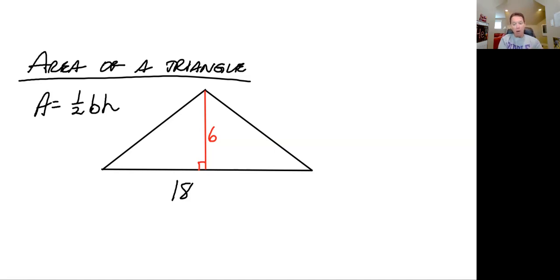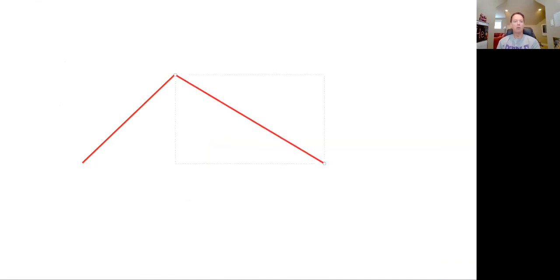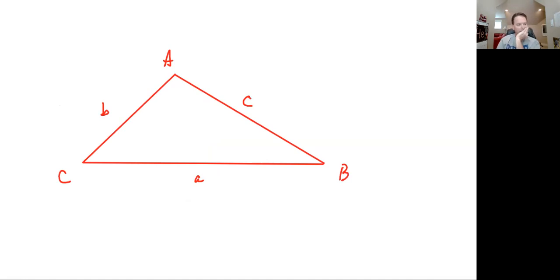Where this becomes an issue is when I give you a problem that looks like this. Give me just a second, and if you want to copy something like this down, you certainly can. This is going to be angle A, angle B, angle C, side a, side b, side c. Great, now find the area. As we go through this, you think, well, I know that area equals 1/2, the base is a, and then I'm stuck.